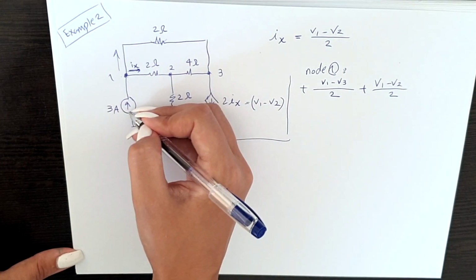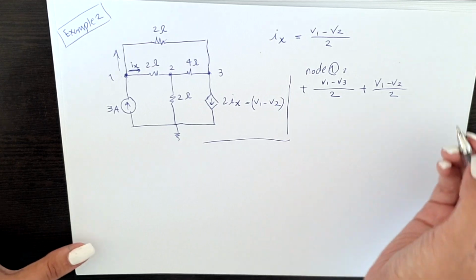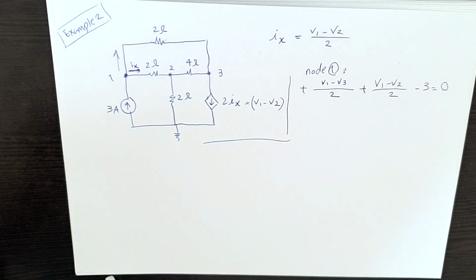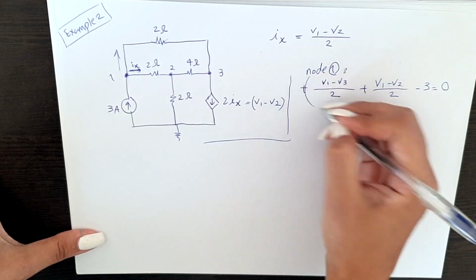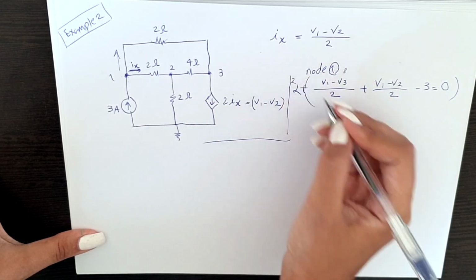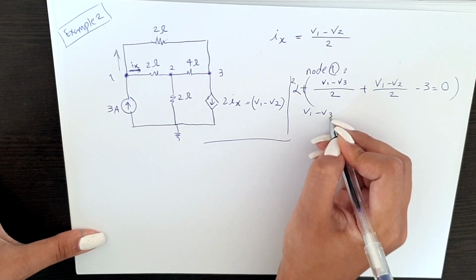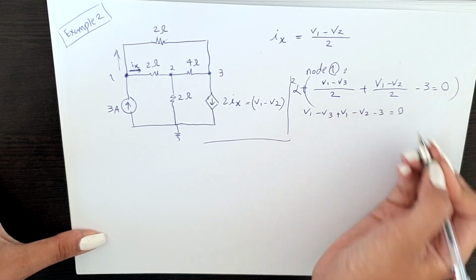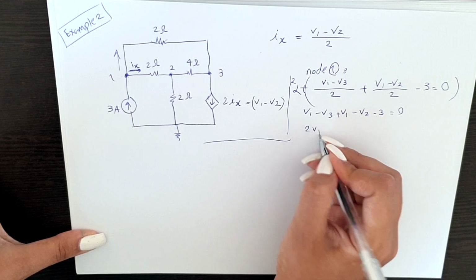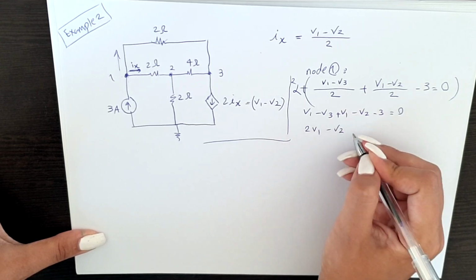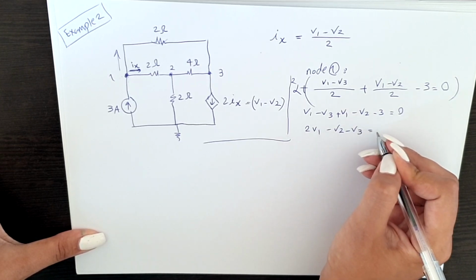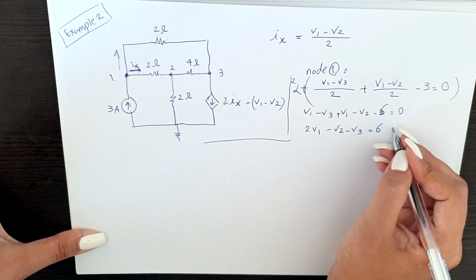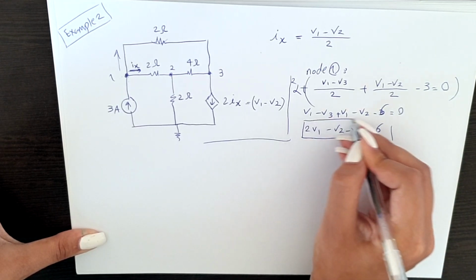And then we have a current which is going to the node, so it's minus 3, equal to 0. So we multiply this by 2, and we get V1 minus V3 plus V1 minus V2 minus 6 is 0, which gives us 2V1 minus V2 minus V3 is equal to 6. This is our first equation.